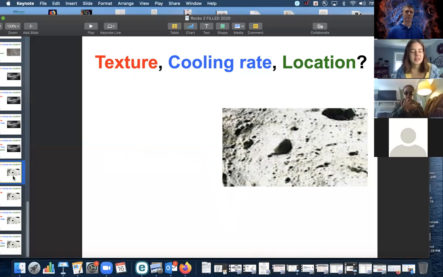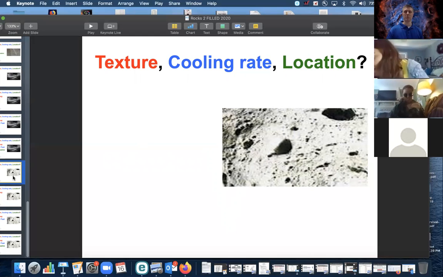So would that have a coarse, fine, or glassy texture if it has holes and bubbles and all that? Wait, what were the options again? Coarse, fine, or glassy? Not coarse, because it doesn't have crystals.